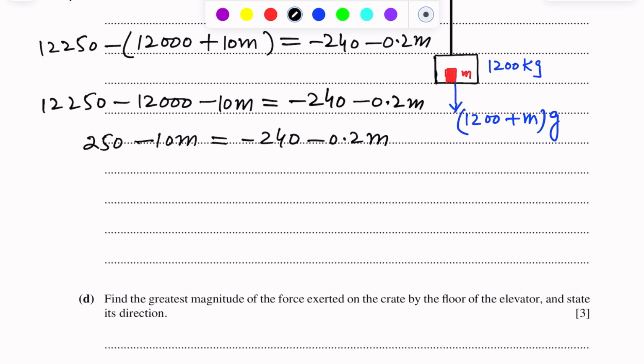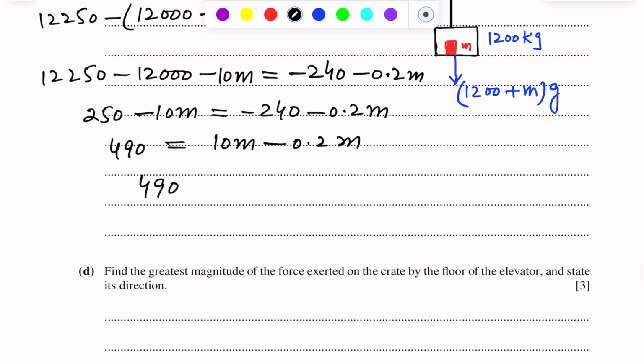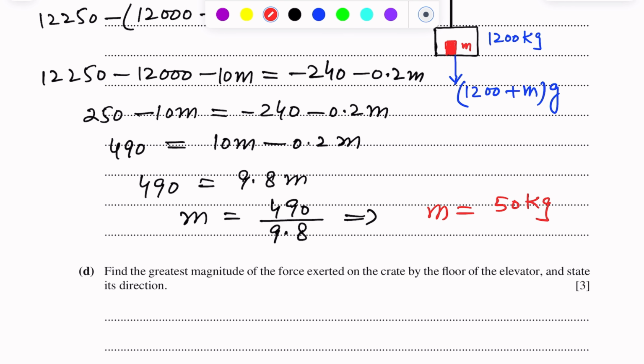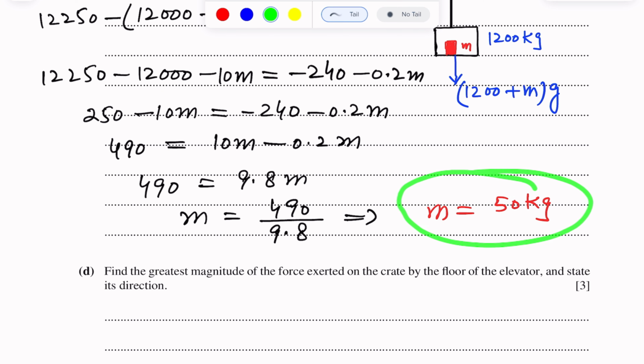We get 490 is equal to 10m minus 0.2m. From here, 490 is equal to 9.8m, and m is equal to 490 over 9.8. Finally, we get the value of m is 50 kg. This is the answer, 50 kg.